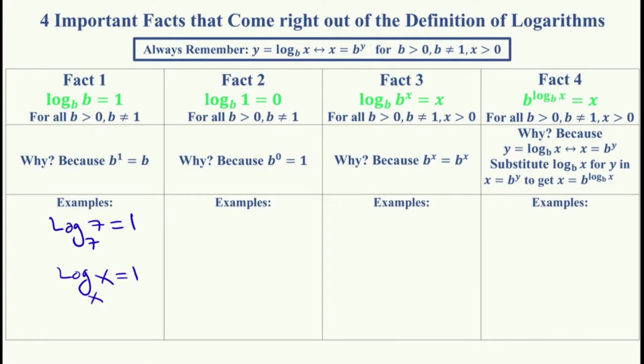So for example, if you see log base 100 of 1, there's no work needed here. You basically need to know that the exponent you need to raise 100 to the power of to get 1, which is what the entire log is, is going to be 0.